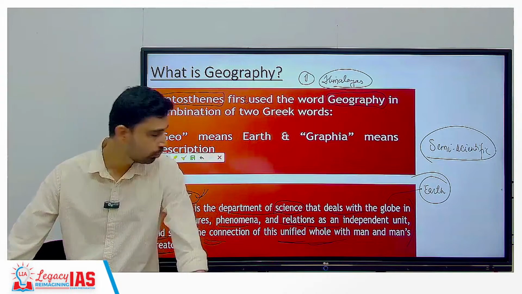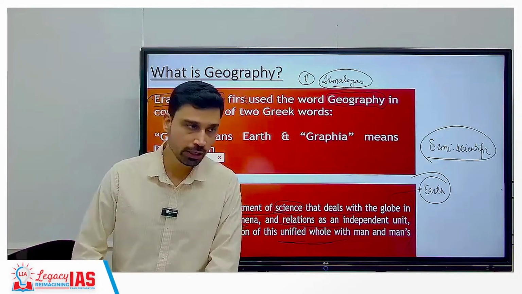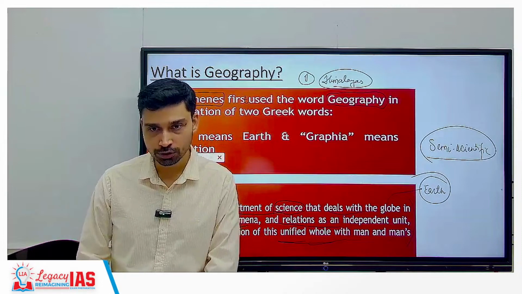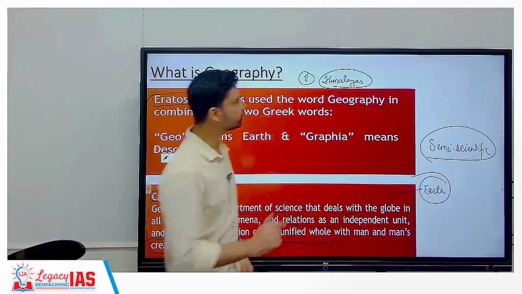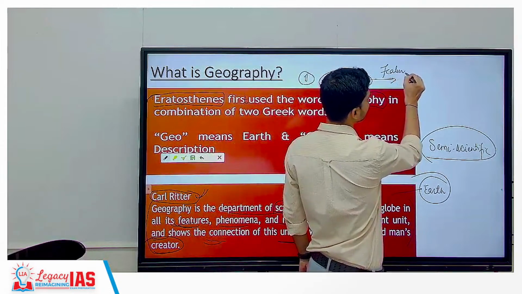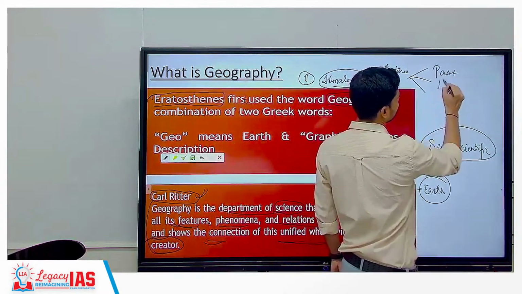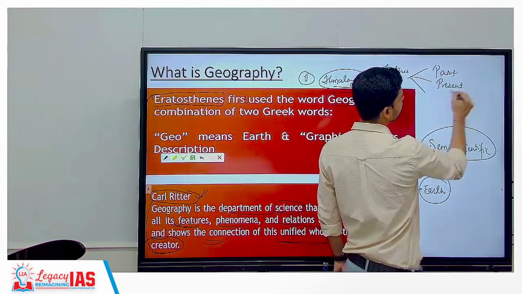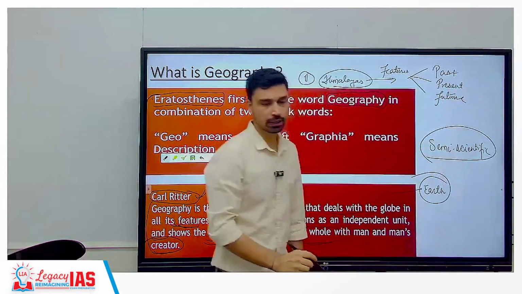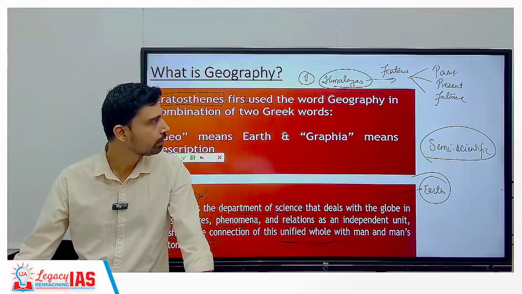Plus also it discusses what will happen in the future. That means geography, in one way we can say, is a study of past, present, and future, related to the physical features. If we talk about the features, we try to explain all the three: the past, present, and future of the landscape.